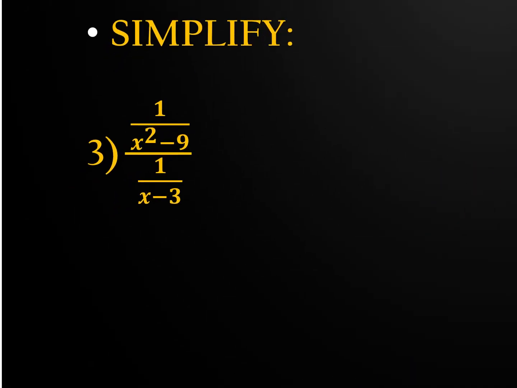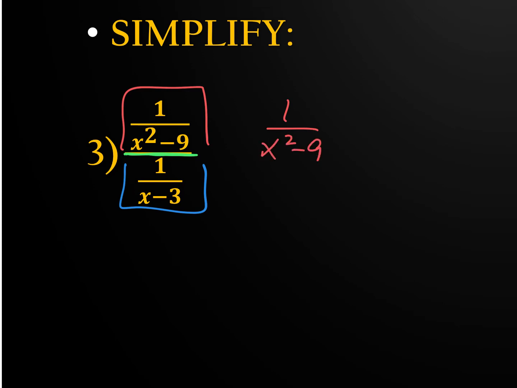So number 3, again, I'm going to divide. So here's my main division bar, or the fraction bar. So I'm dividing the numerator by the denominator. So my problem is 1 over x squared minus 9 divided by 1 over x minus 3.